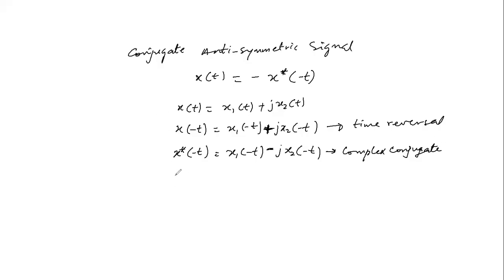And then we now perform amplitude reversal. That is minus S1 of t, and this becomes plus jS2 of t by performing the amplitude reversal.